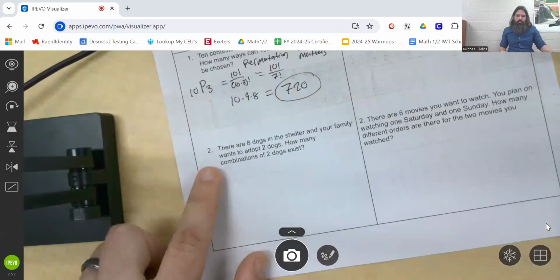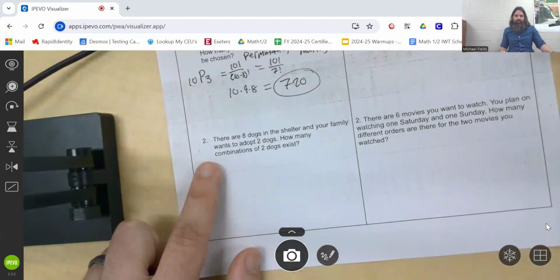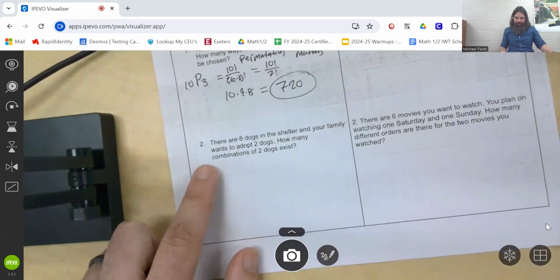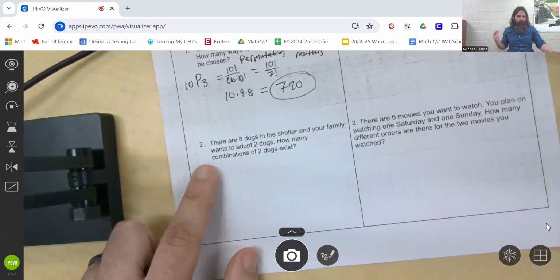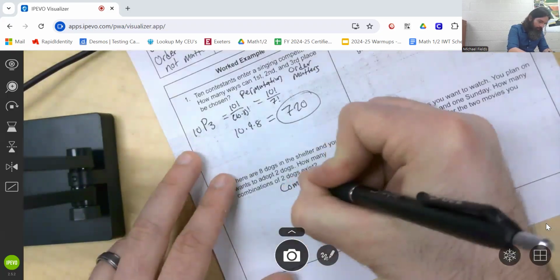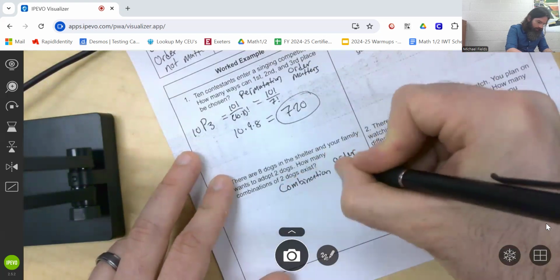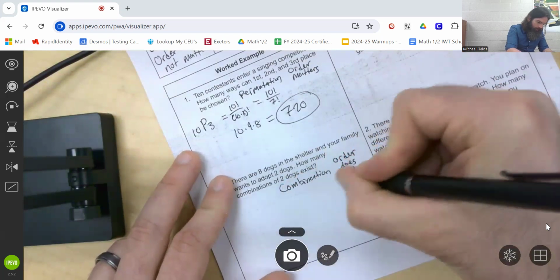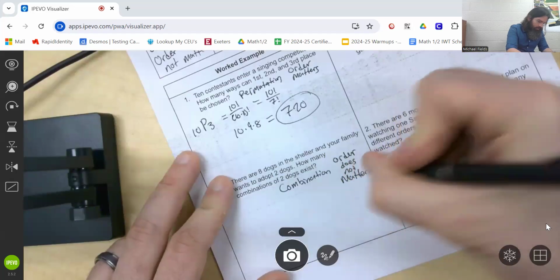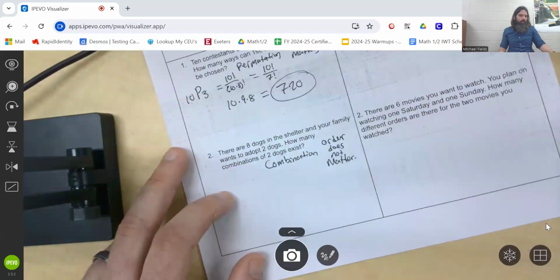All right. For number 2, there are 8 dogs in the shelter and your family wants to adopt 2 dogs. How many combinations of 2 dogs exist? So this is a combination because the order does not matter. It doesn't matter which dog you chose first, both of those dogs are coming home with you.